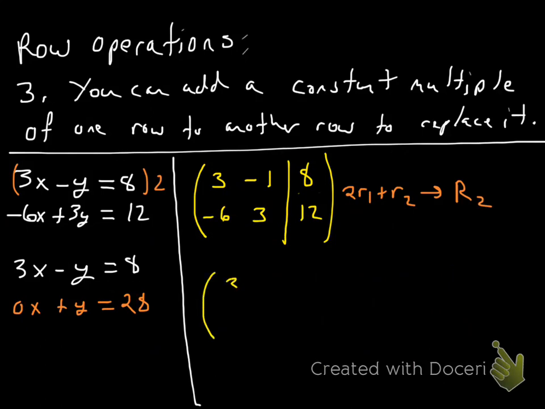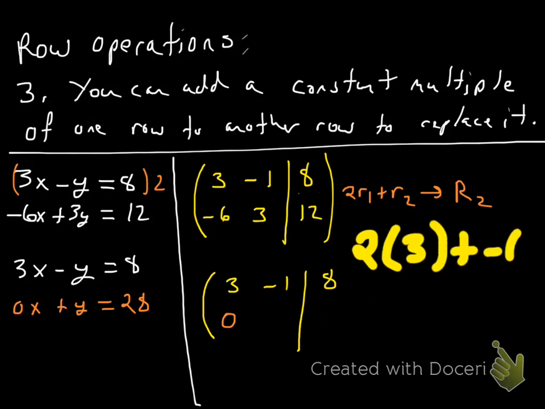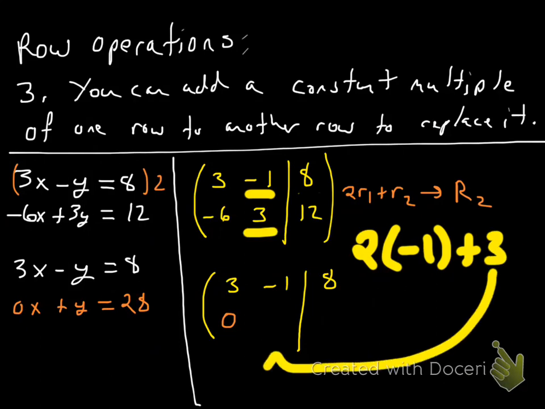The top is unchanged, but if I take the top row, which is 2, and multiply it by 3, and add it to the -6 down below, so 2 times 3 plus negative 6, that's going to give me the 0 here. Then I'm going to do 2 times the negative 1, and add that to 3, and that's going to give me my answer there.